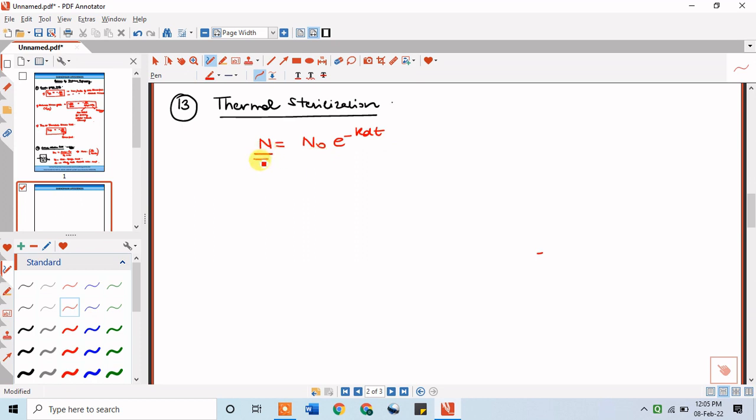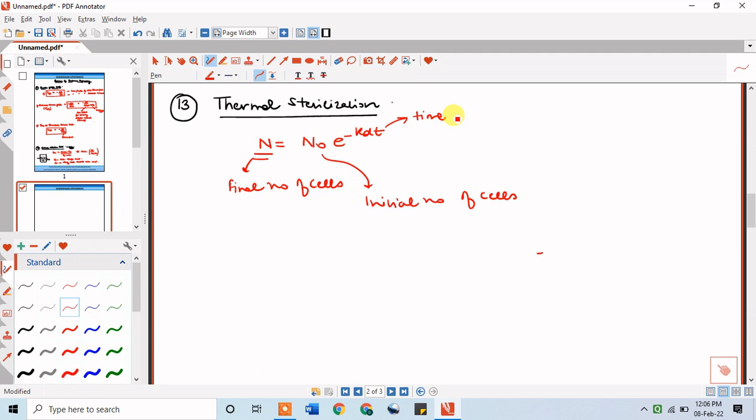N is the final number of cells, N naught is the initial number of cells, t is the time, and kd is the death constant.